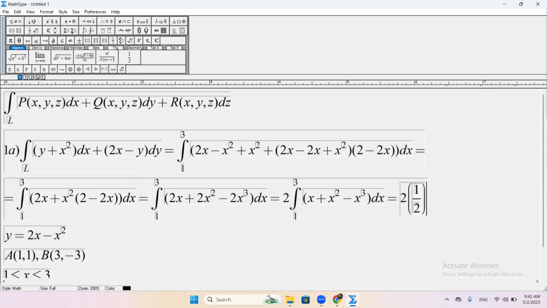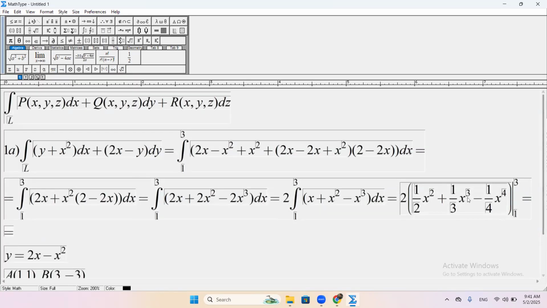So the antiderivative is the following: 1 over 2 x squared plus 1 over 3 x cubed minus 1 over 4 x to the power 4, with the substitutions from 1 to 3. So the following result: 2 times.